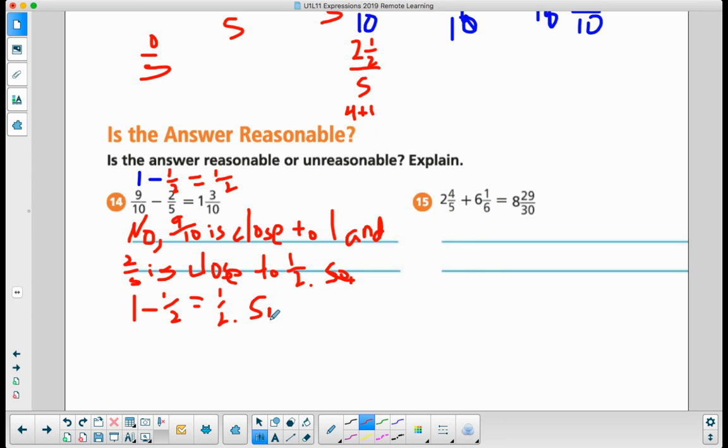So 9/10 subtract 2/5 is not close to 1 3/10.